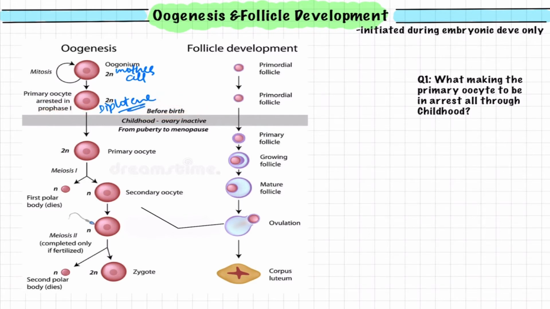And to see simultaneously the follicular development here, the oogonia and primary oocyte are present within the primordial follicle. So the primordial follicle will be like this, and within it is the primary oocyte.